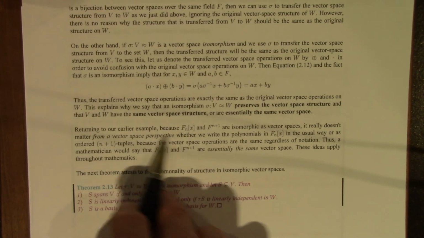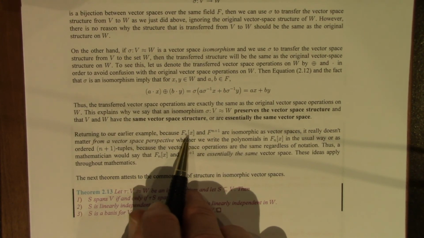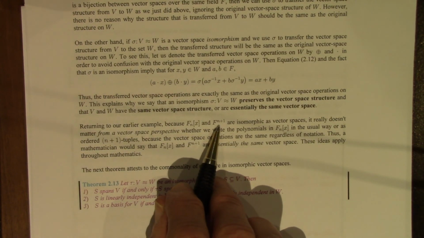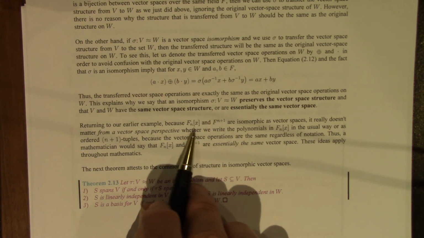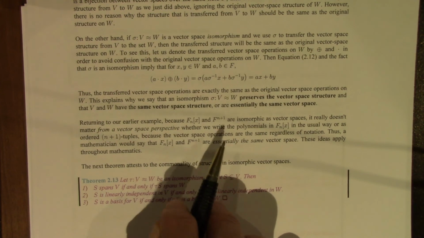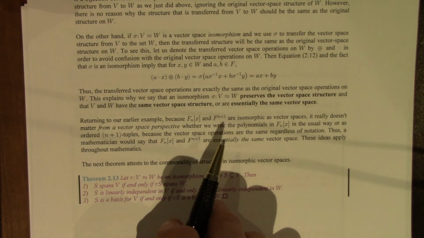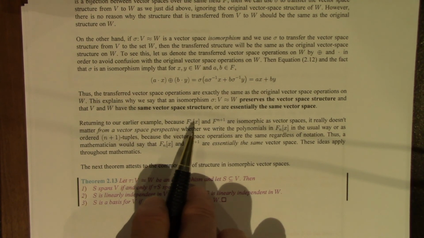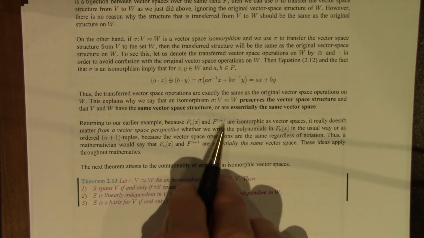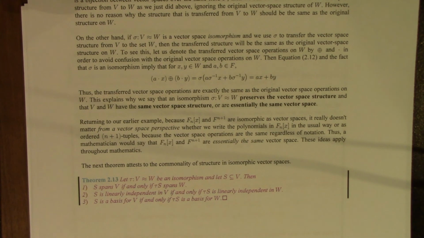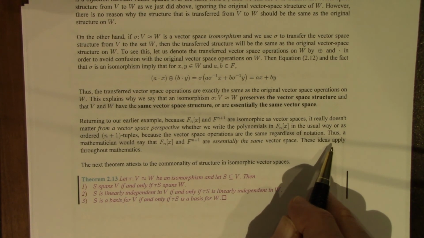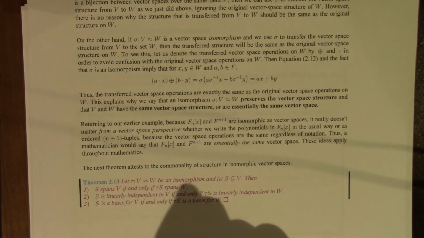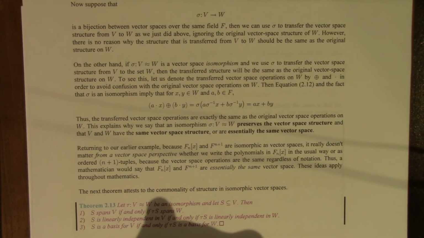Going back to an earlier example of the polynomials of degree at most n and the n plus 1 tuples, these are isomorphic vector spaces. From a vector space perspective, whether we write polynomials in the usual way or as n plus 1 tuples doesn't make any difference because the vector space operations are the same either way.